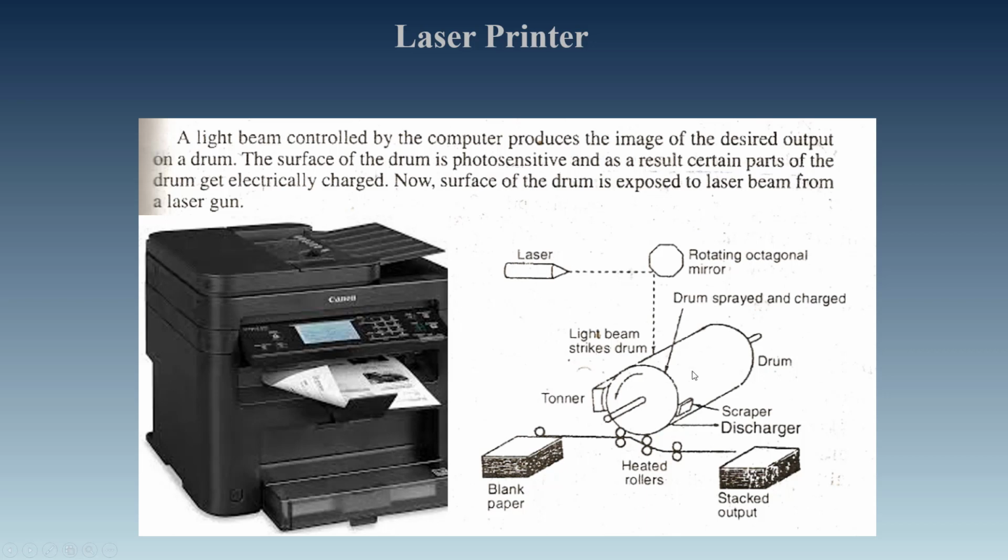On this roller all the alphabet symbols and special patterns are embedded, and using heat operations it gets printed. Its speed is very fast. Generally I have seen black and white printers as laser printers, and only a single black cartridge is used in the printing operation.